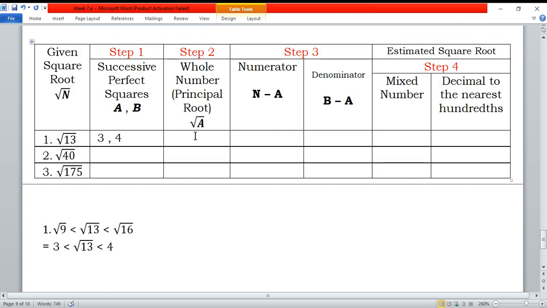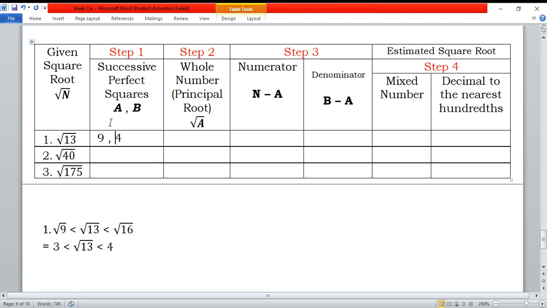So, dito, ang whole number, ang principal root ng square root of A will be 3. Wait, ito ay ang A. Kung ang A lang siya, so this must be 9. Sorry.